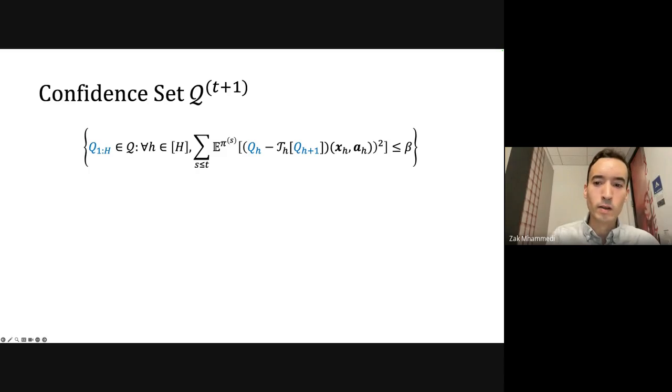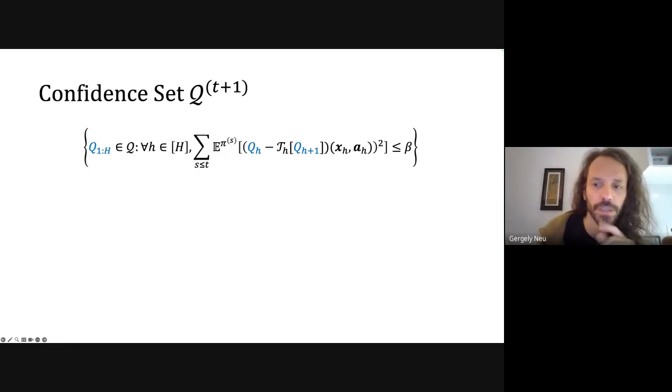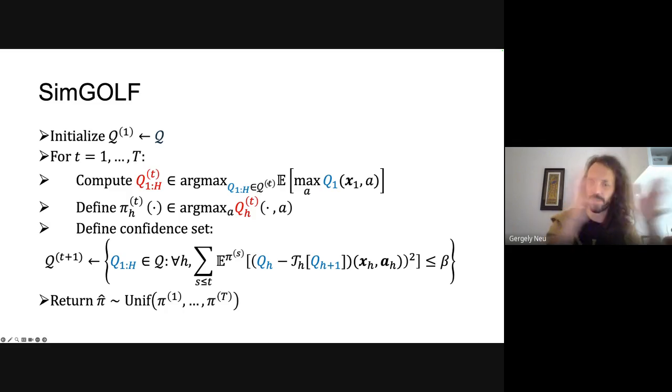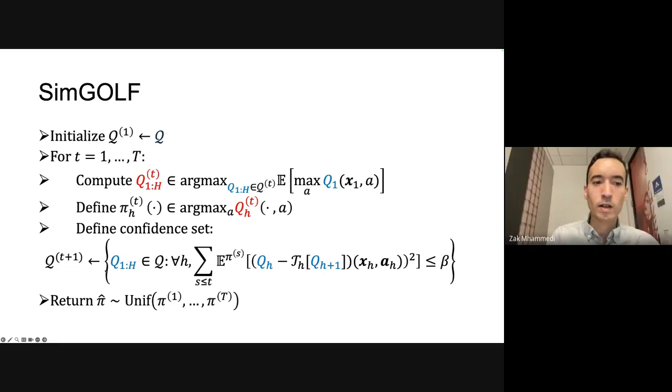Can I ask a question? If you go back to the previous slide, you write argmax over Q1 through QH in the confidence set, but what you're optimizing is just Q1. So I suppose Q here means Q1 through QH. The set here includes all the Q1 to QH, right?